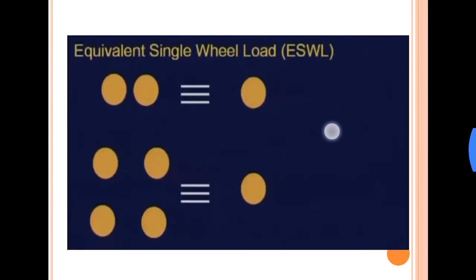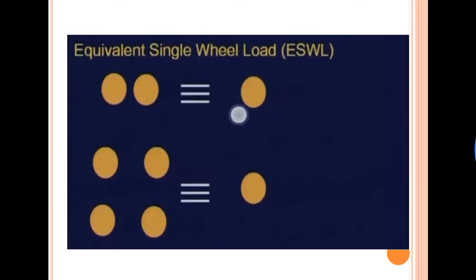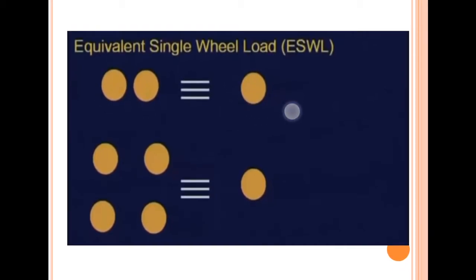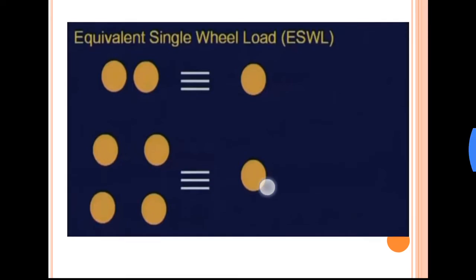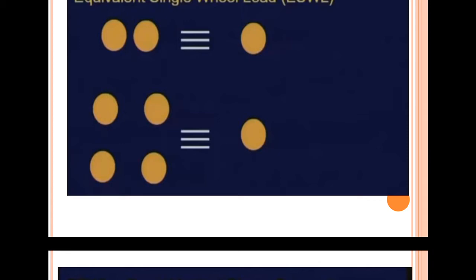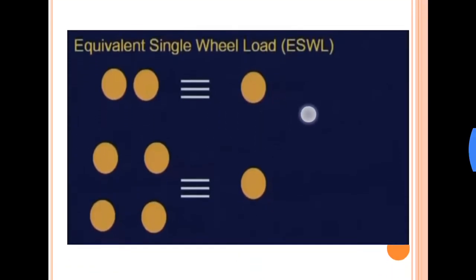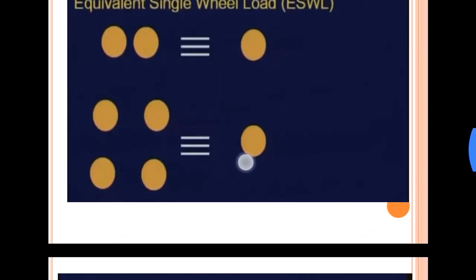So equivalent single wheel load. Here you can see for two wheels a single wheel will transfer the load, and here for four wheels a single wheel will transfer the load. So what is the factor using which we can convert the load transferred by these two wheels to this one wheel and by these four wheels to this one wheel?